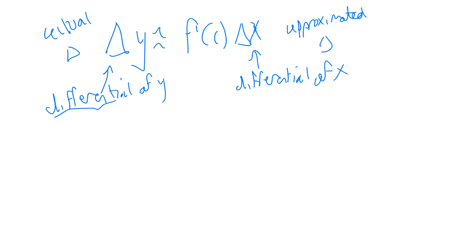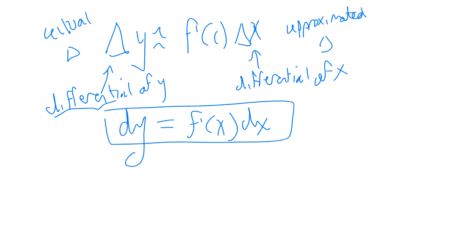And the change in y we have been calling dy, the change in x we've been calling dx, and so I'm going to make this a little more general. Instead of at a particular value of c, this is a general way that we would talk about differentials. And this is the definition of the differential of y.